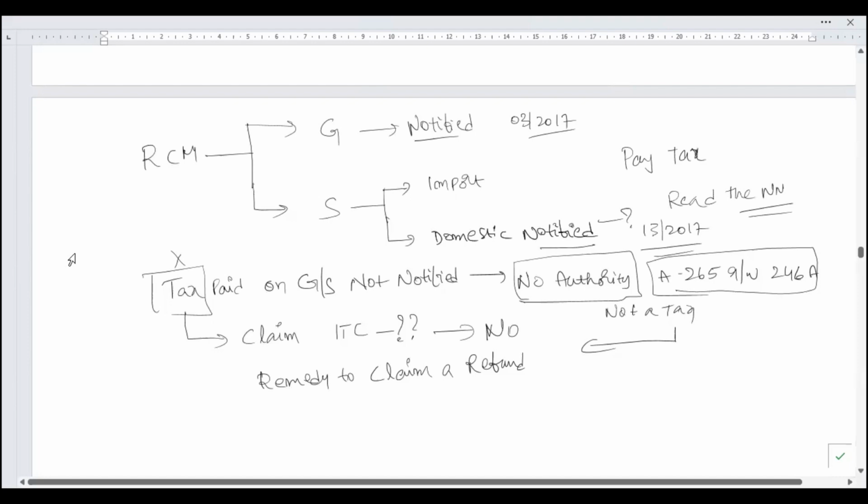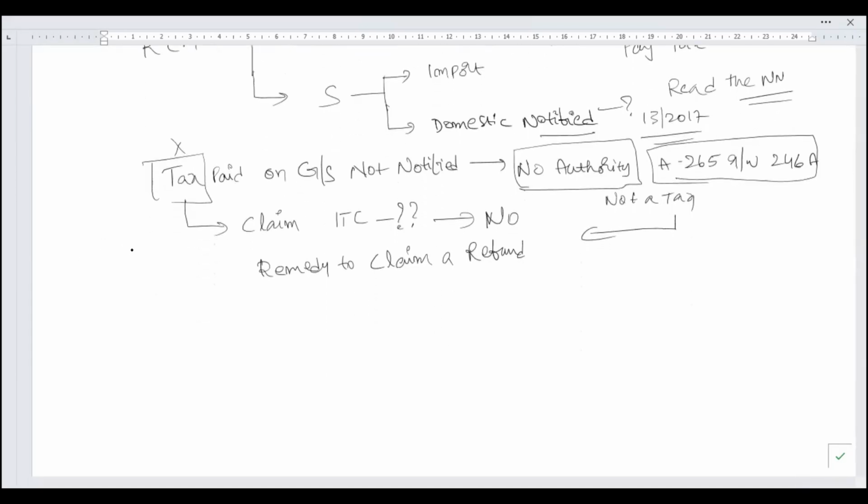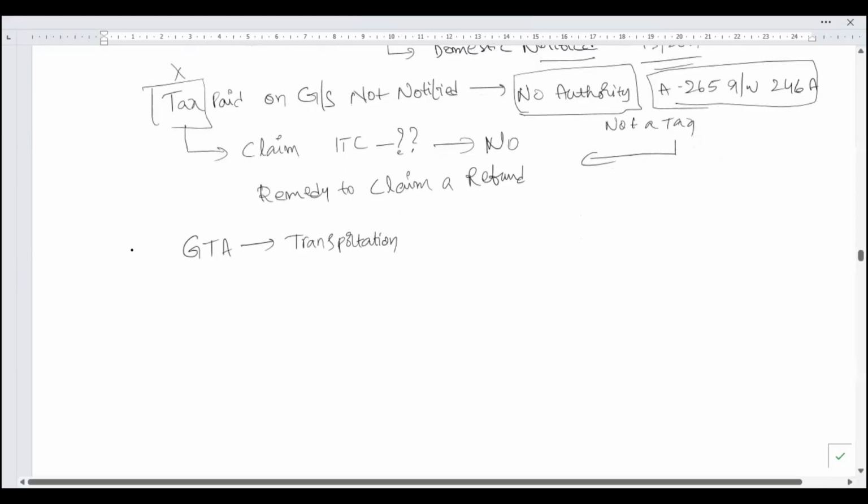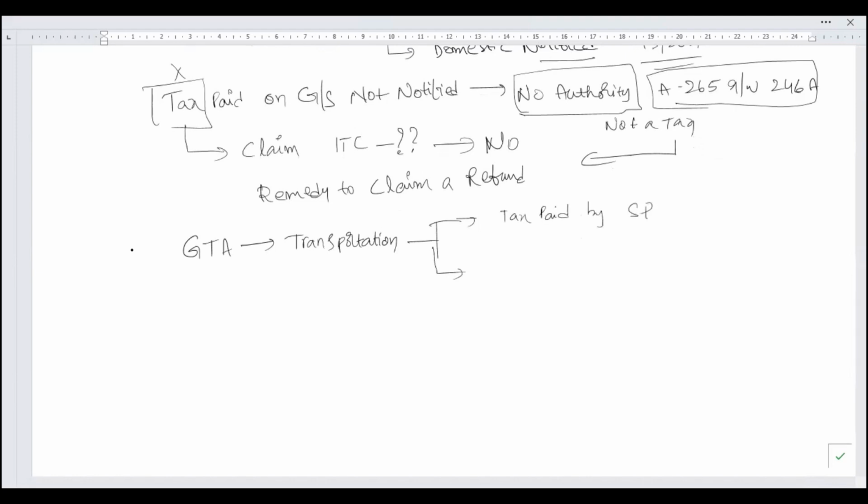Now, I'll give one example where we have a difficulty with respect to transportation. We call it GTA, Goods Transport Agency. If you look at the list of service providers, there is tax paid by the service provider, and there is tax to be paid under RCM.